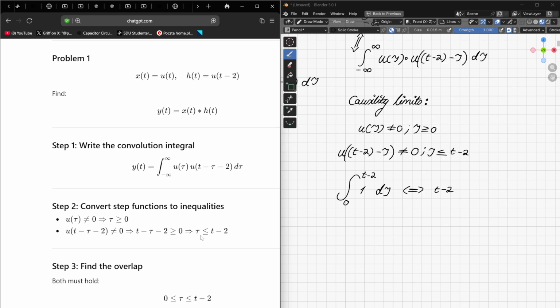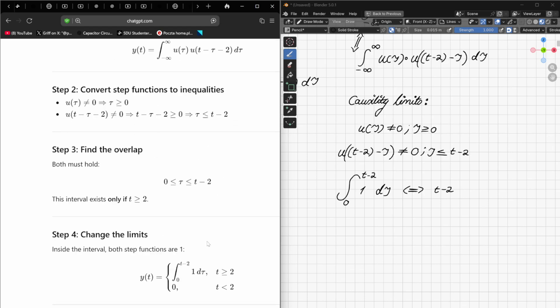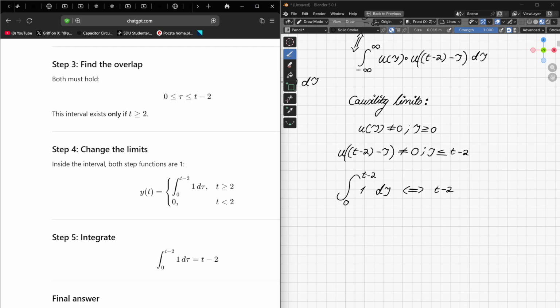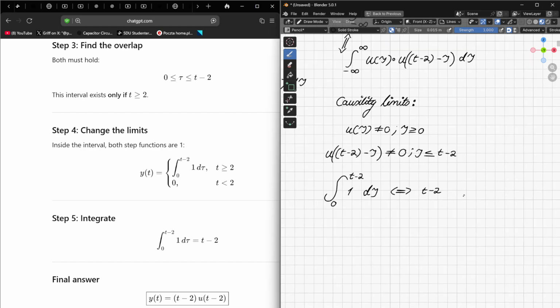So tau is lesser than or equal to t minus 2. I actually did that correctly. Nice. T minus 2. Yeah, so that is actually correct. That's interesting.